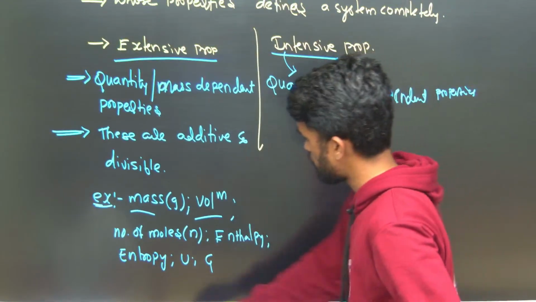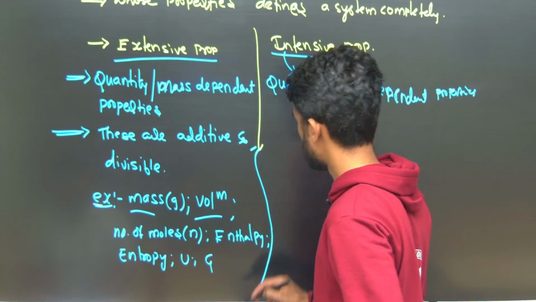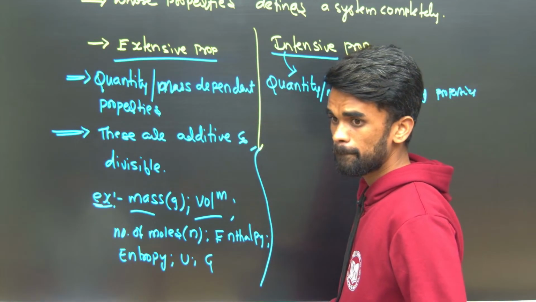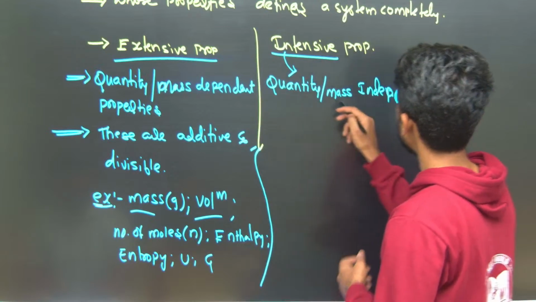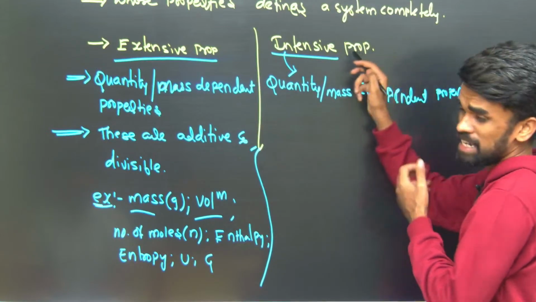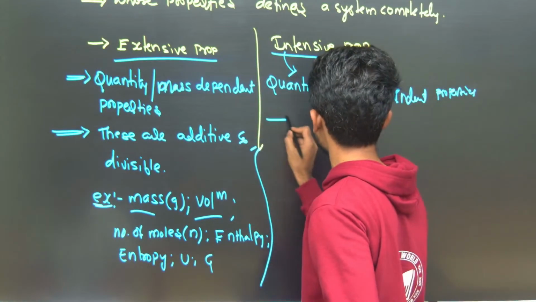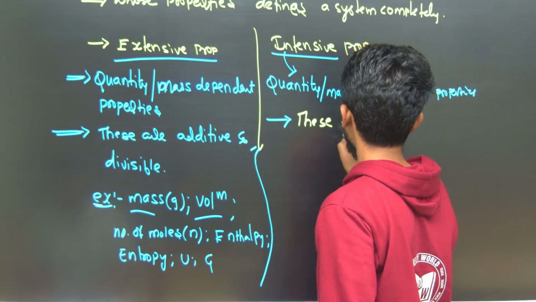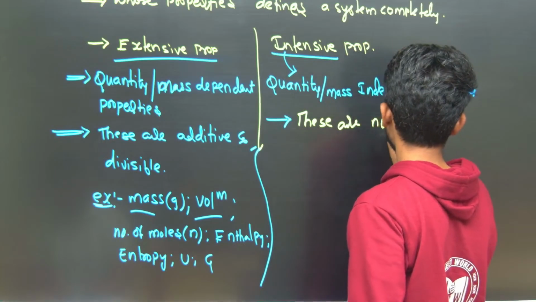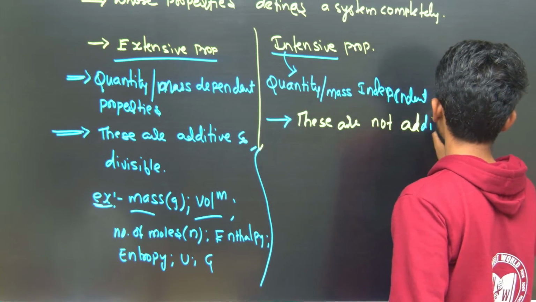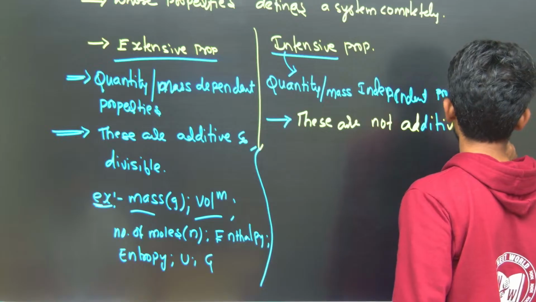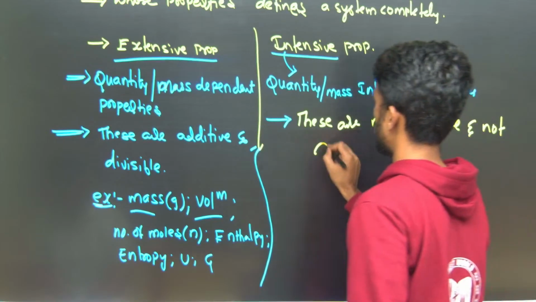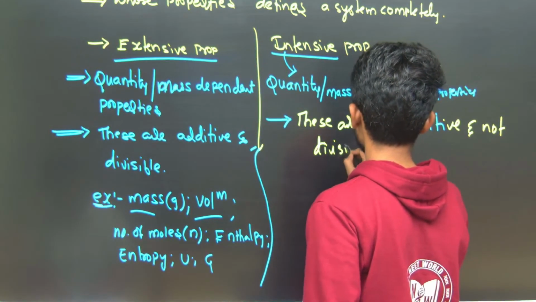Okay, next what about intensive properties? Give some examples for intensive properties. Quantity independent, mass independent properties are considered intensive properties. And one more point you can remember here: these are not additive and not divisible.